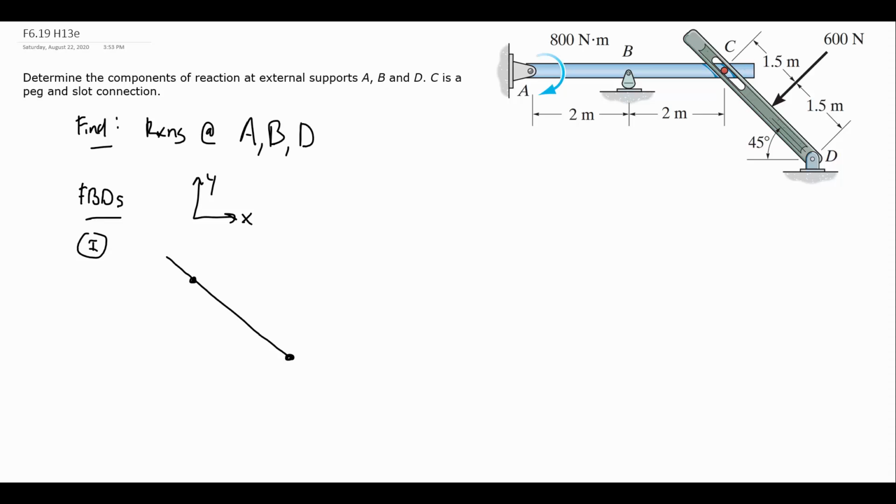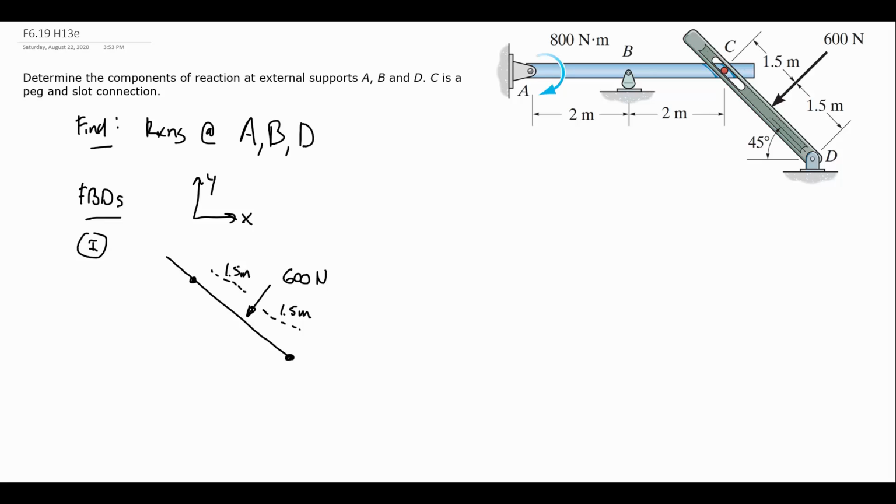All right, so I'm going to copy exactly the external forces and couples acting on this. There's only the force of 600 newtons acting midway between D and C. So that's going to be 1.5 meters, 1.5 meters. And CD does not know that that 800 newton-meter couple is happening.